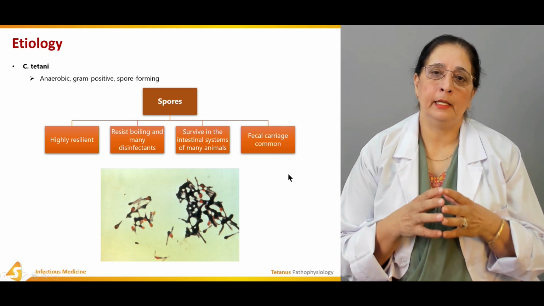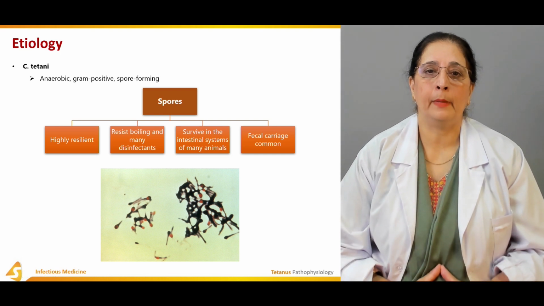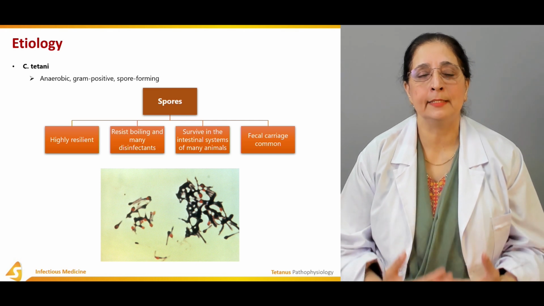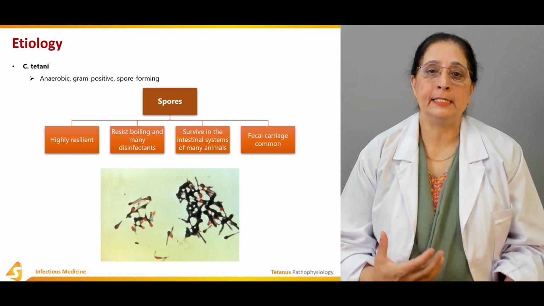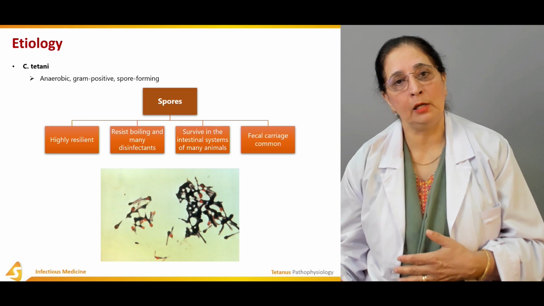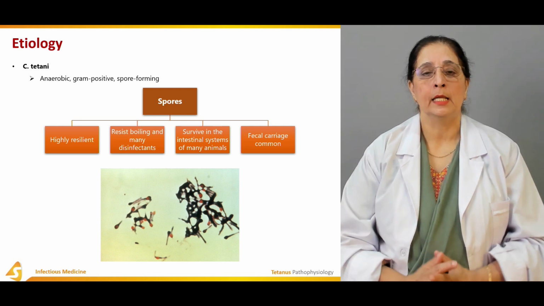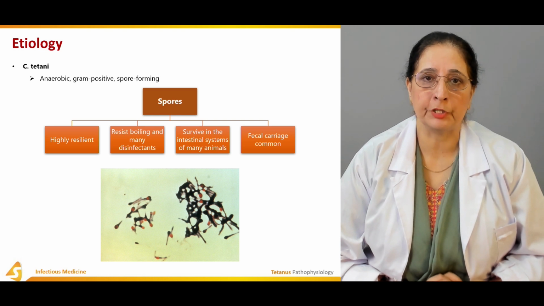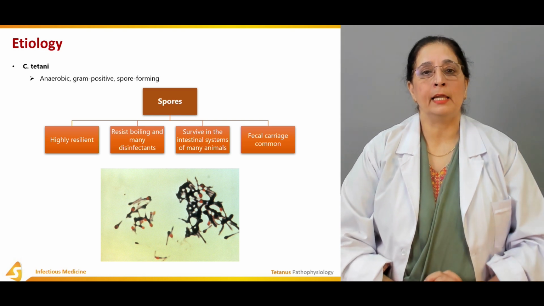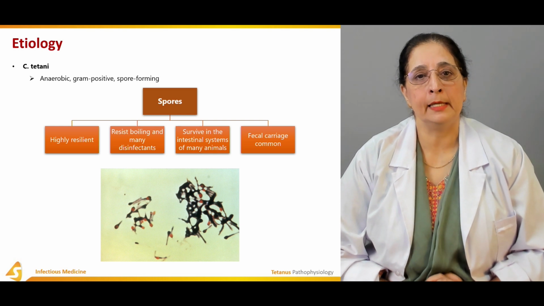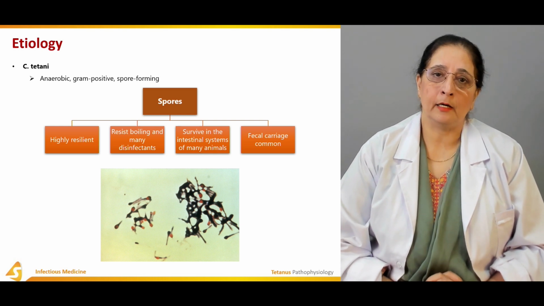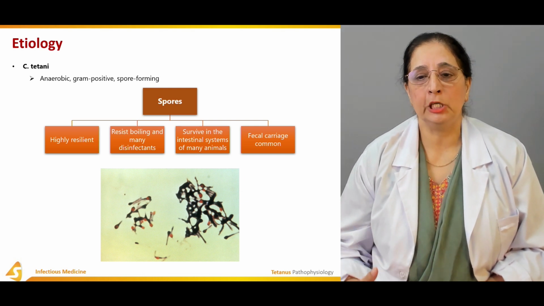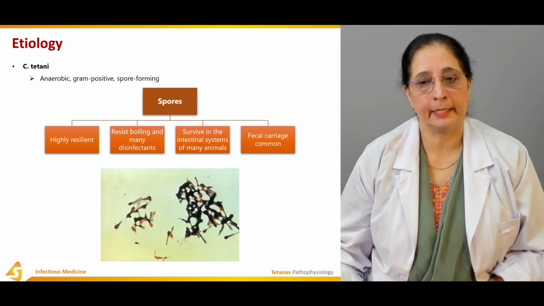So the spores formed by Clostridium tetani are very resilient, even to boiling temperatures which can destroy a lot of microorganisms. They can survive in the intestine of many animals, and they can cause contamination by fecal carriage.